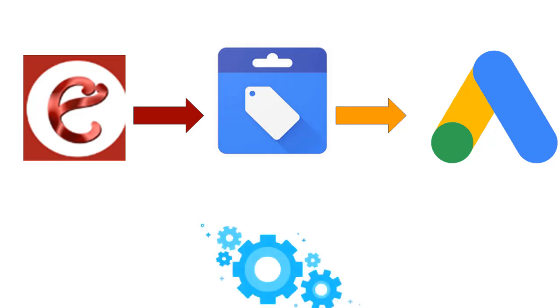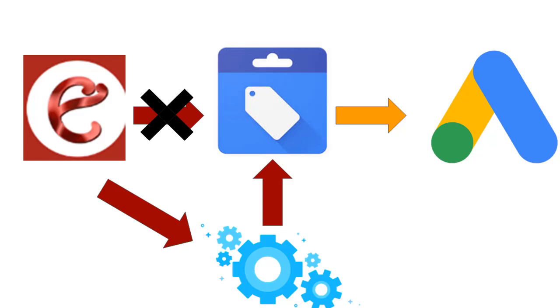Now sometimes you will have a third party tool called a feed management tool or feed management platform, which will sit in between your website and Google Merchant Center. If you are using one of these, your product information will go from your shop, your online store, into that feed management tool, and from the feed management tool into Google Merchant Center, which means that the product information is not directly pushed straight from your store into Merchant Center.